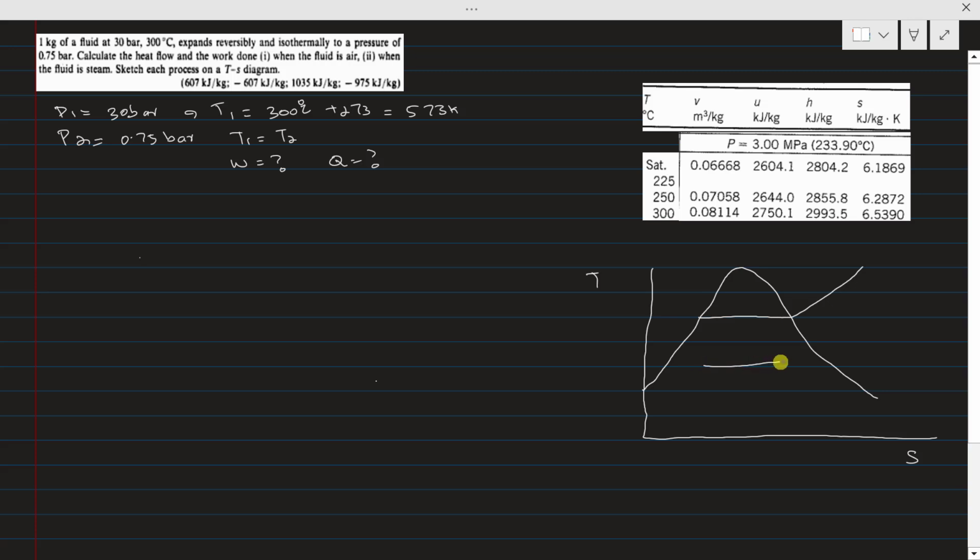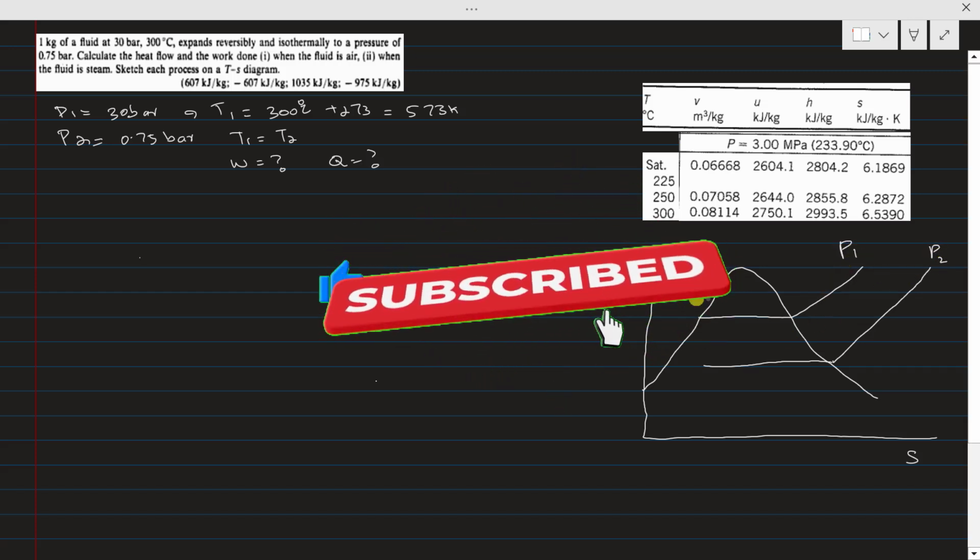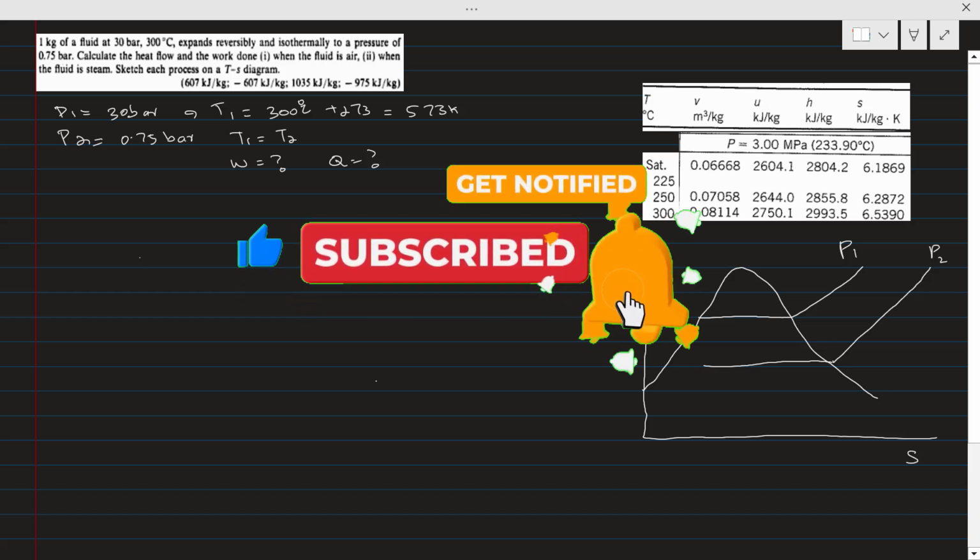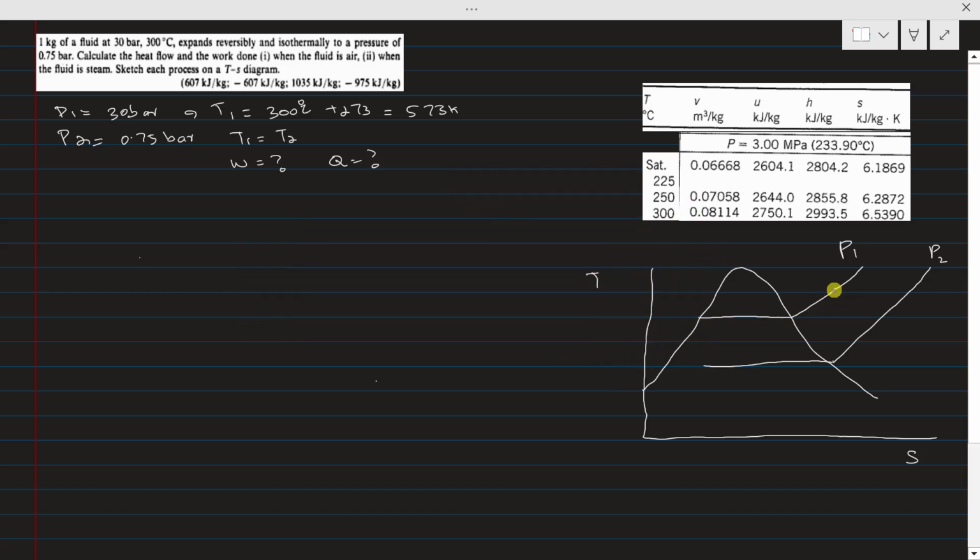This is the low pressure line. This is the pressure P1, this is the pressure P2. So it is obvious that the expansion takes place from pressure P1 and reaches pressure P2. So the expansion takes place isothermally. The temperature is constant, that is provided, 573 Kelvin. The heat will be supplied to this system in order to get the work out.